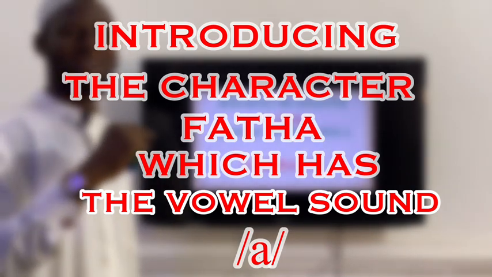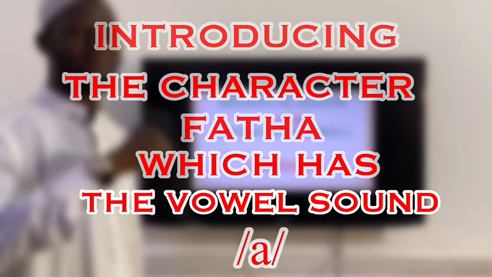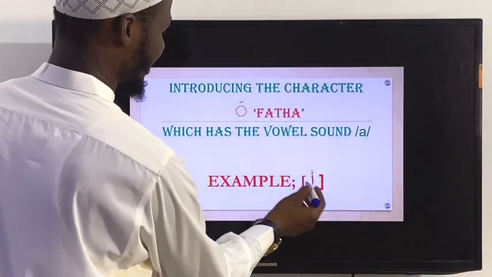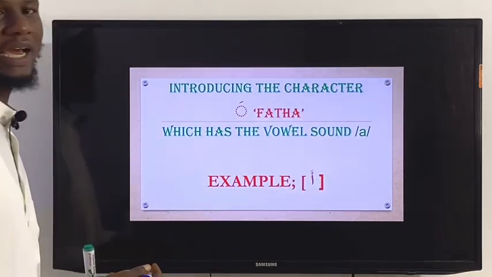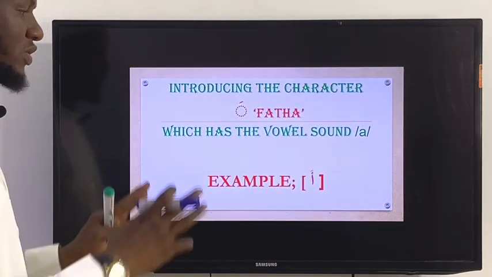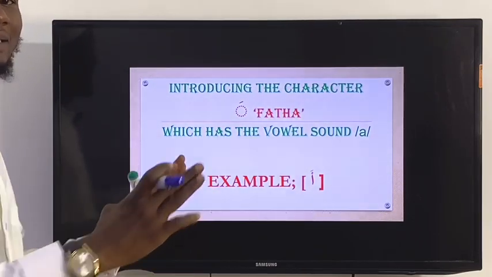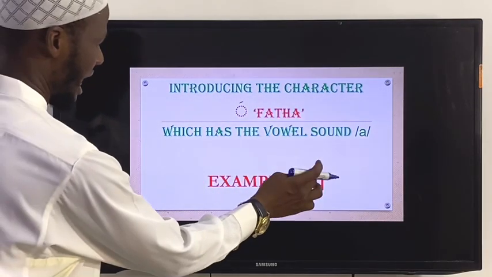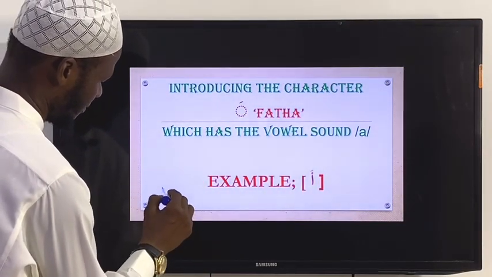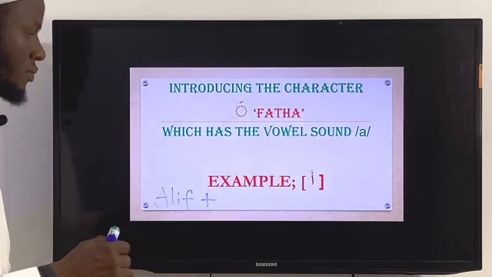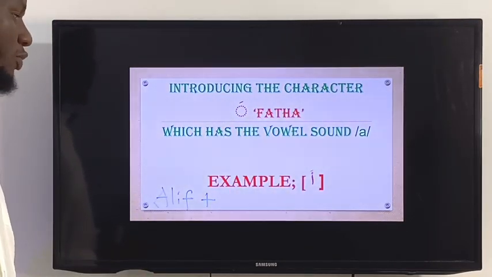Now remember, we are introducing the character fatha, which has the vowel sound a. So let's look at this example: the letter alif and the character fatha on top of the alif. Mentioning this is very simple. You just look at the appearance and then you mention it as it is. You mention the alif first. What is the character written on top of the alif?